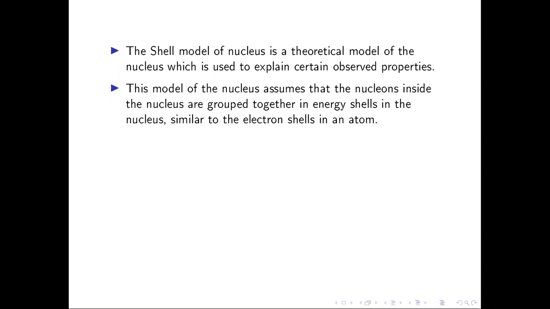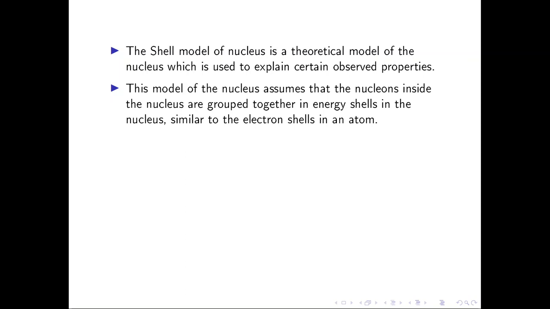This model of the nucleus, that is the shell model of the nucleus, is inspired by the electronic shell structure, in which the electrons revolving around the nucleus reside in energy shells, and being fermions, each energy shell can have only a fixed or limited number of electrons governed by Pauli's exclusion principle.